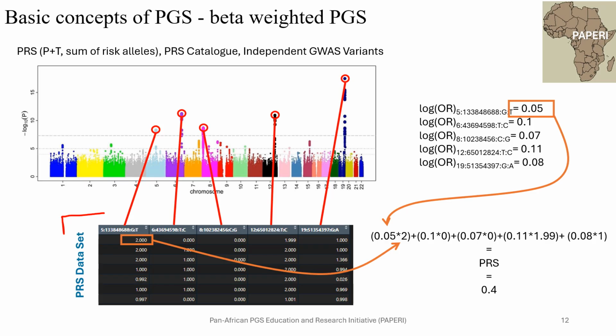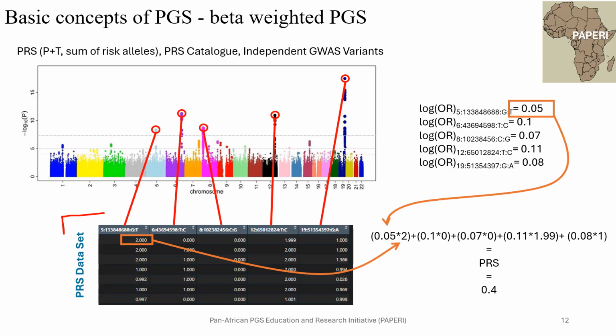Now we have our results from the genome-wide association study, and what we need to do for our independent separate data set is identify the genetic variants in our data. Frequently we will just subset all of the genotype data we have for our sample.